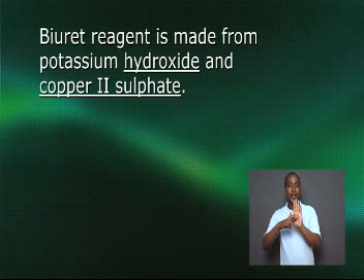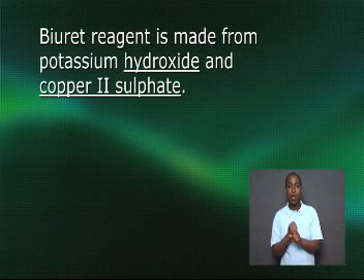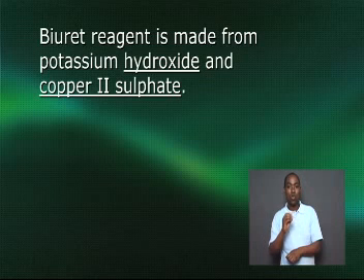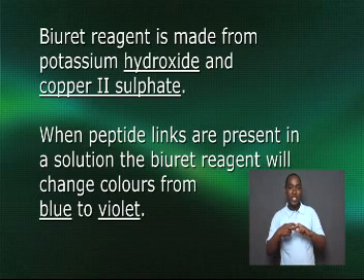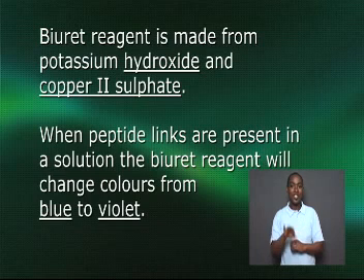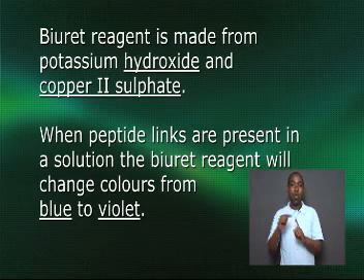Biuret reagent is made from potassium hydroxide and copper-2 sulfate. When peptide links are present in a solution, the Biuret reagent will change colors from blue to violet.